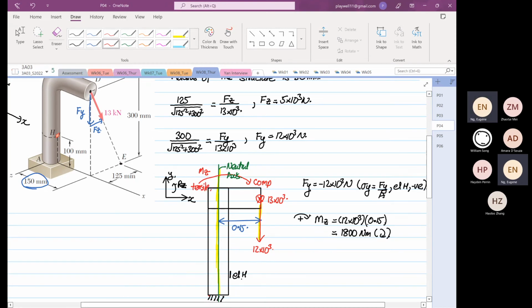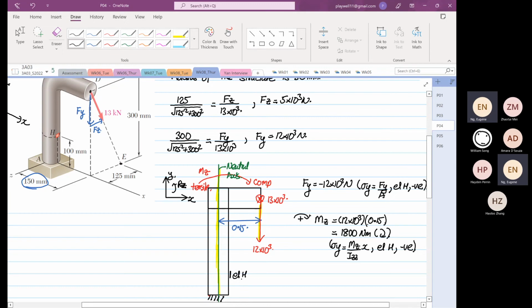So when we apply the formula, where stress is equal to Mz over Izz multiplied by a distance, we know that element H is on the right hand side of the neutral axis and is in compression due to the moment acting about the z-axis.